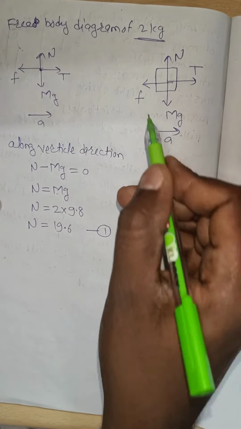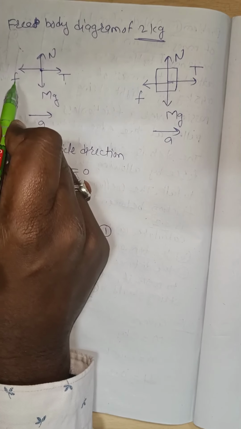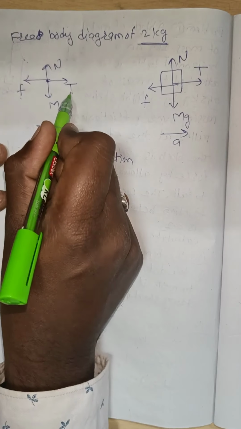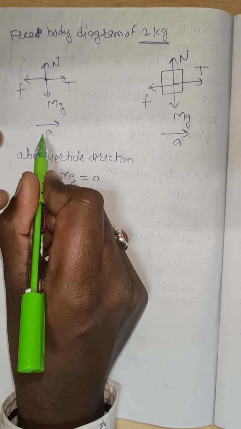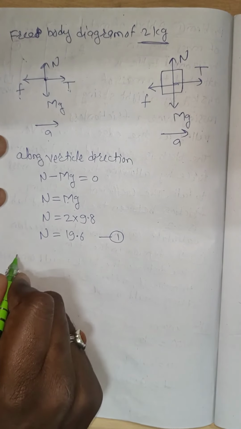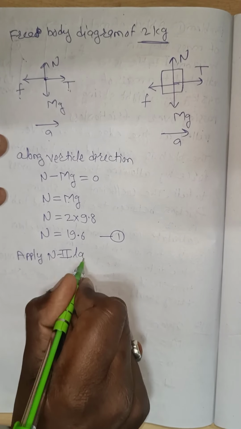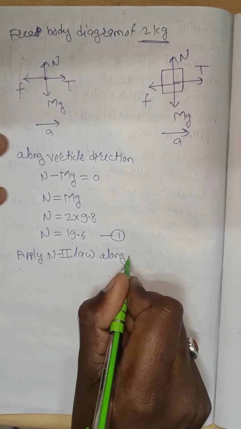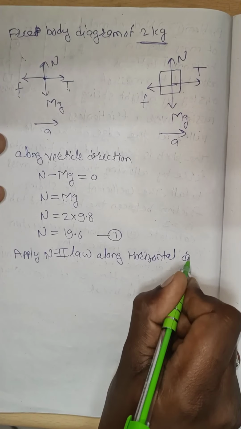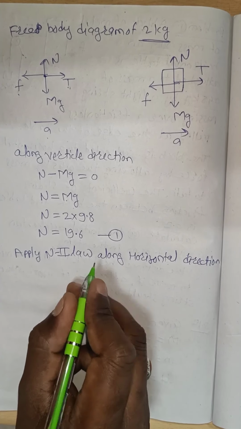Next, along the horizontal direction, the tension force and the friction force are present. Apply Newton's second law: force is equal to mass into acceleration.